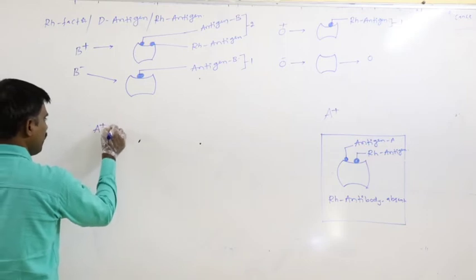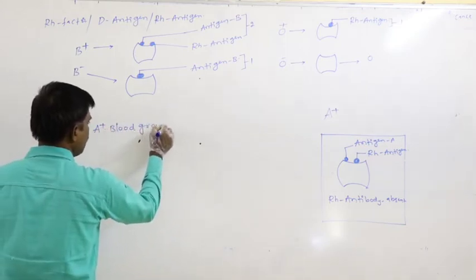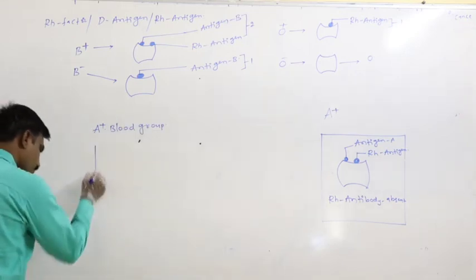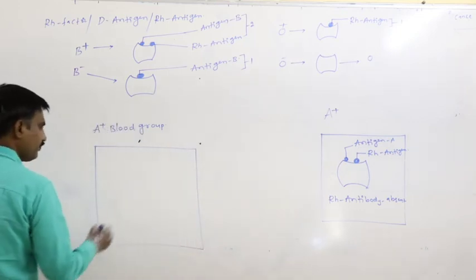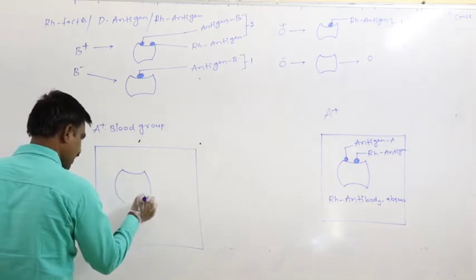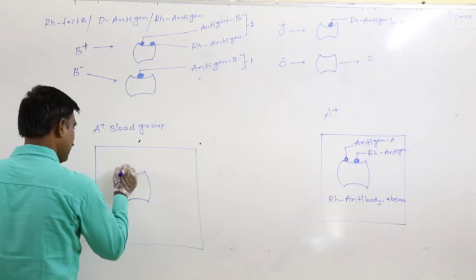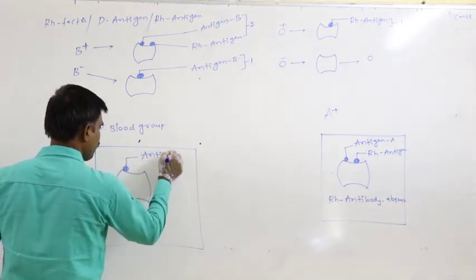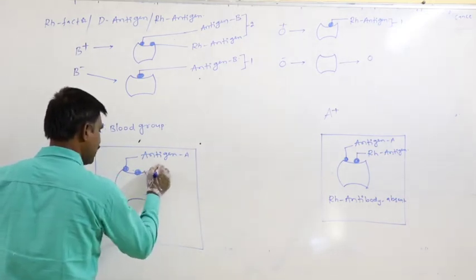For example, just assume this is the A positive blood group. In the A positive blood group, this is the RBC, this is the antigen A, and this is the Rh antigen.